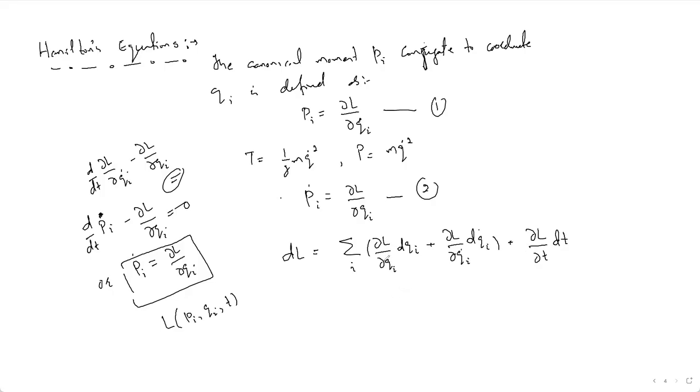These three things. Now I already know some of these. Partial L by partial qi is p dot i, and partial L by partial q dot i is pi. So dL equals the sum over i of p dot i dqi plus pi dq dot i, plus partial L by partial t dt.